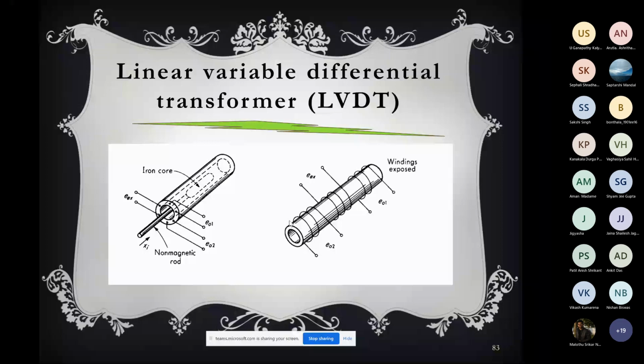The shaft can move upward and downward, and based on that we get the output voltage and its phase. By measuring the output voltage and phase, we can say how much displacement happens and what the direction is: forward, above null, that means above zero, or below zero, the negative direction.